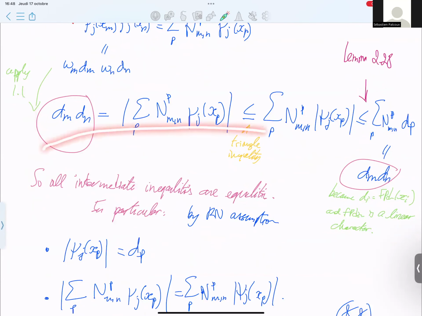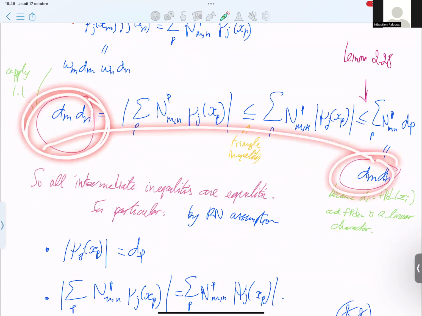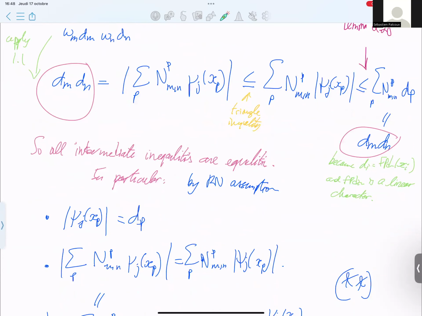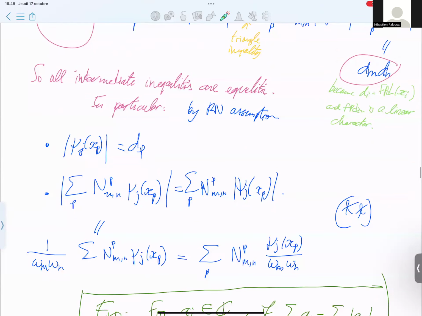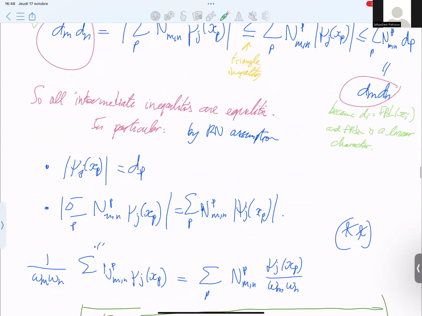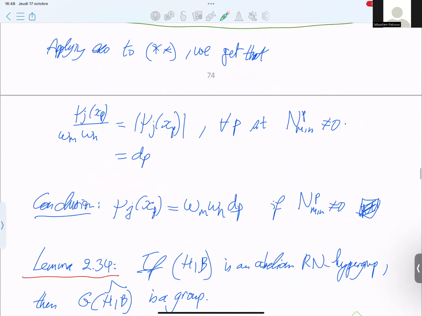You write a sequence of inequalities, and then you realize that what you have on the left is the same as what you have on the right. So all the intermediates should be equalities. And so in particular, you can say something about the components. Every component should be equal because you have an inequality here that must be an equality, and so it's okay. So this is the idea. Here I provided an idea, so I can skip the rest.